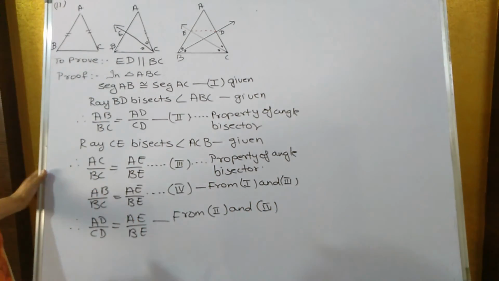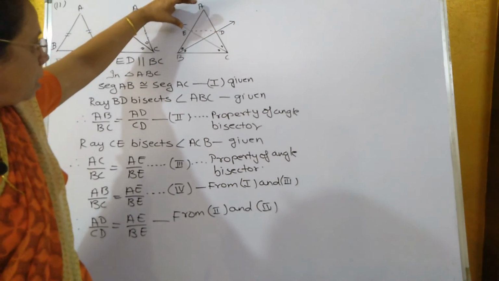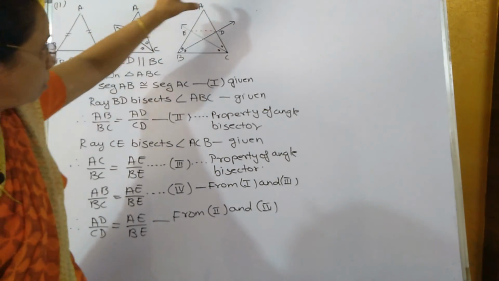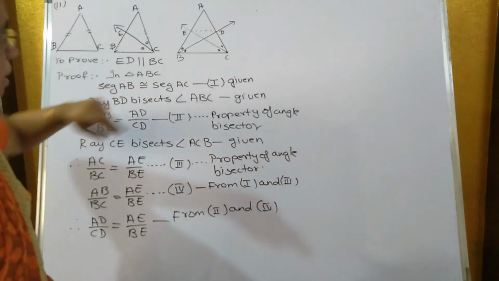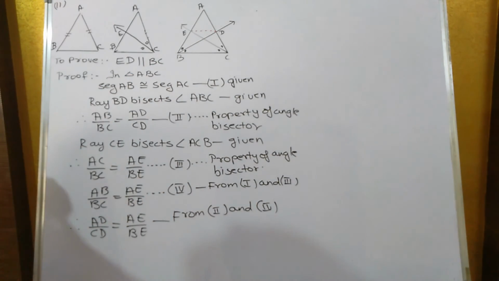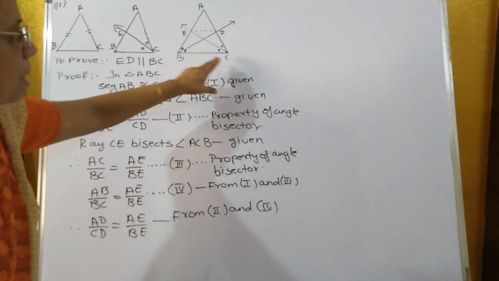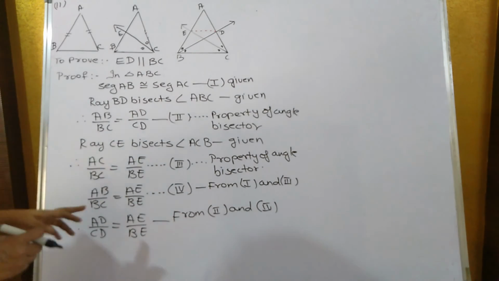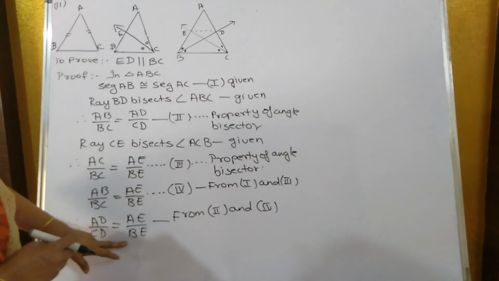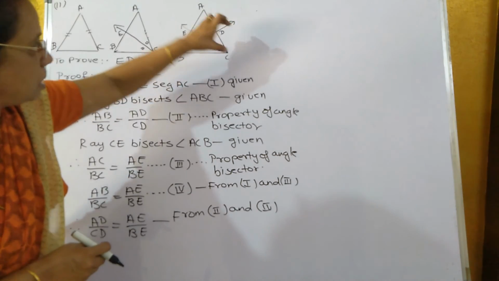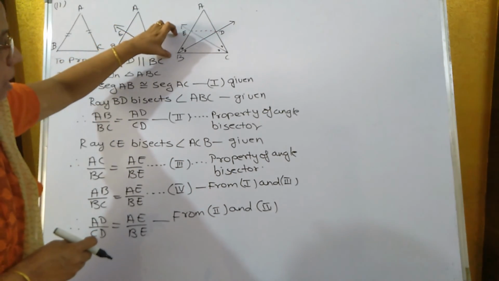Now if you look at the figure, AE upon BE is equal to AD upon CD. So by converse of basic proportionality theorem, ED is parallel to BC. So from this point you get AD upon CD is equal to AE upon BE.